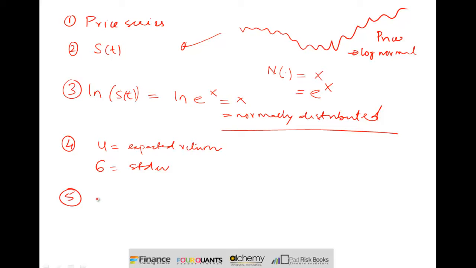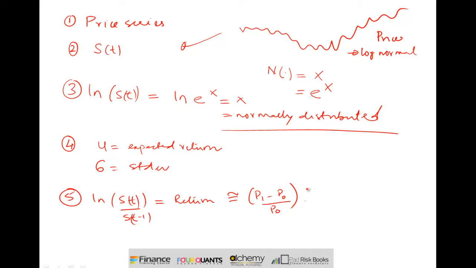One variable that we want to introduce is ln of S t over S t minus 1. And what is this? This is our return series. This is the series that, for all practical purposes, should be equivalent to P1 minus P0 over P0.